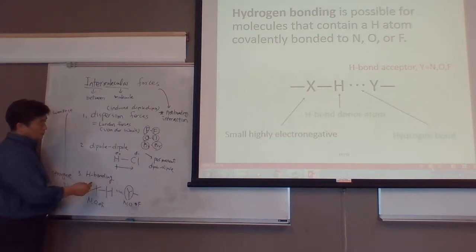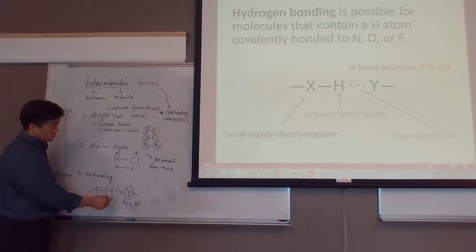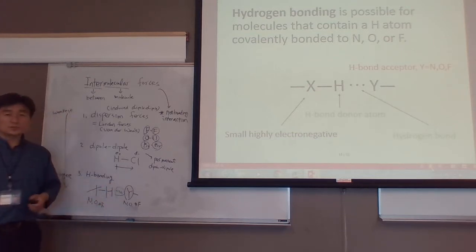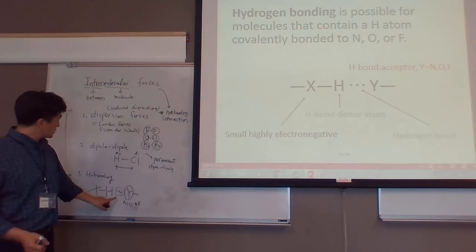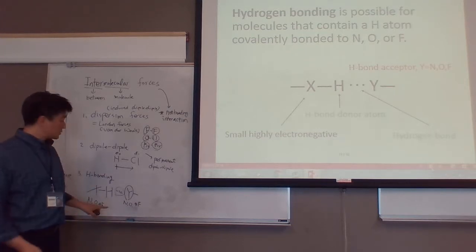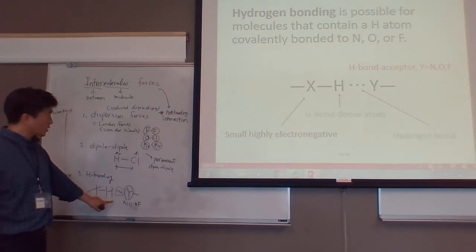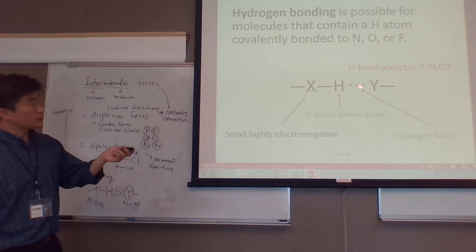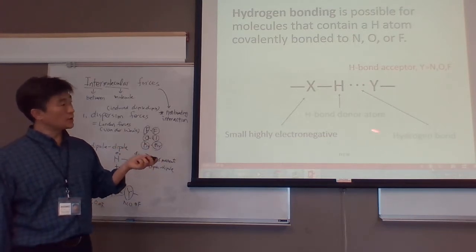Even though it is called a hydrogen bond, you still need to distinguish that this is not an actual chemical bond, a covalent bond. This is a non-bonding interaction. So you can use a dot to show the hydrogen bond.